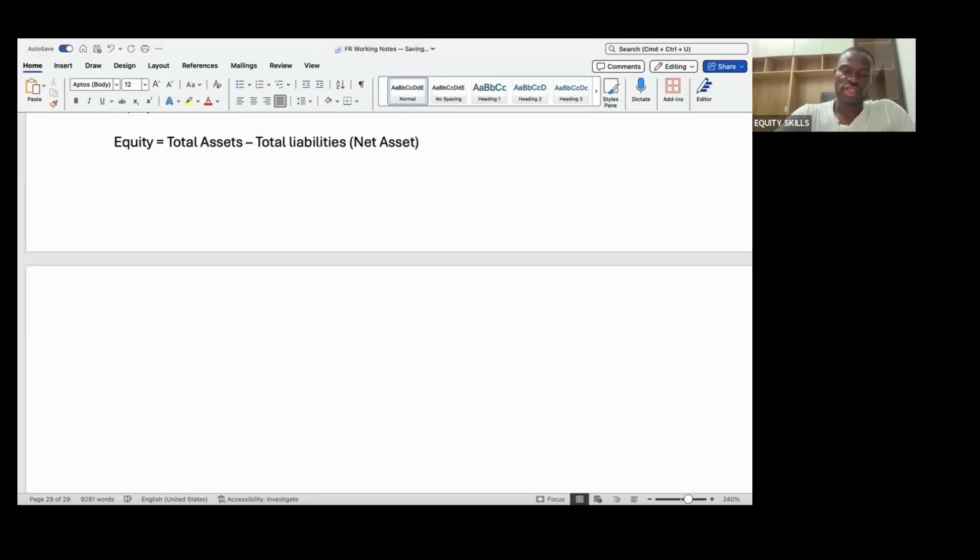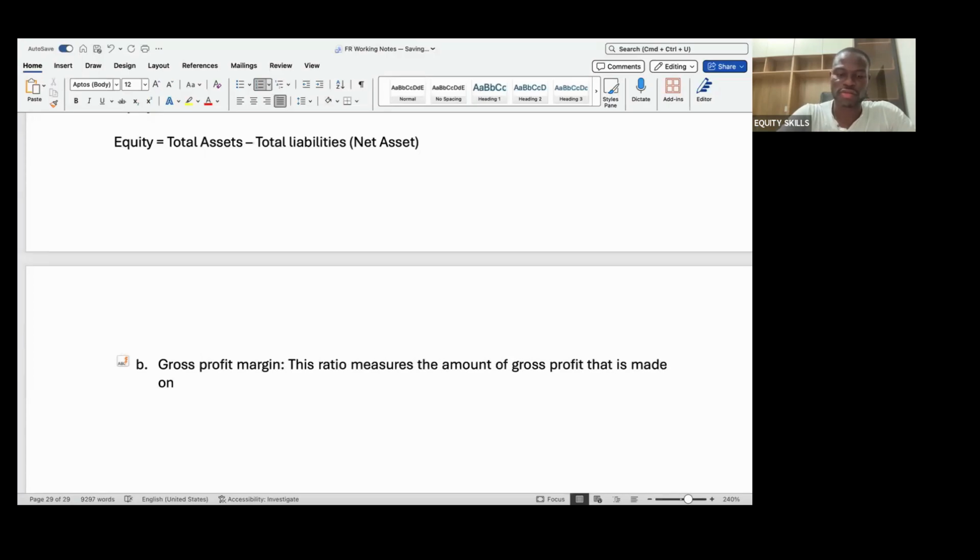Then the second profitability ratio is gross profit margin. This ratio measures the amount of gross profits that is made on every 1 naira of sales.